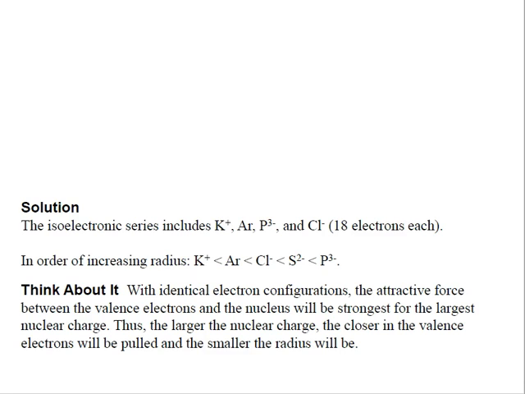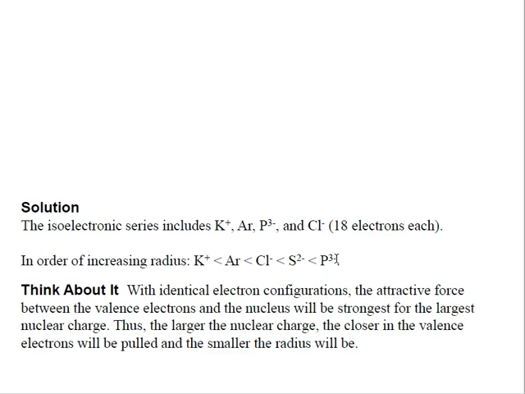The solution for these, the isoelectronic series includes potassium, argon, phosphide, and chloride. They're all 18 electrons each. In order of increasing radius, potassium, then argon, then chloride, sulfide, followed by phosphide.